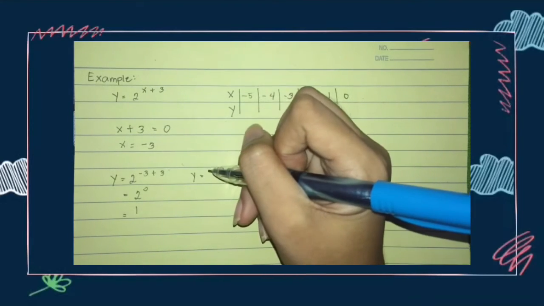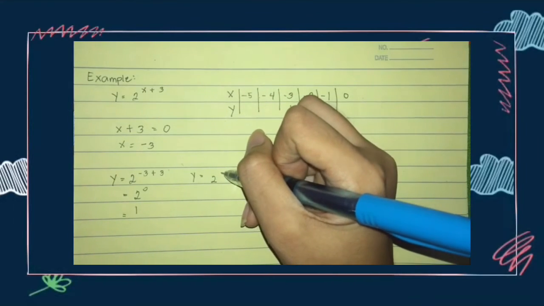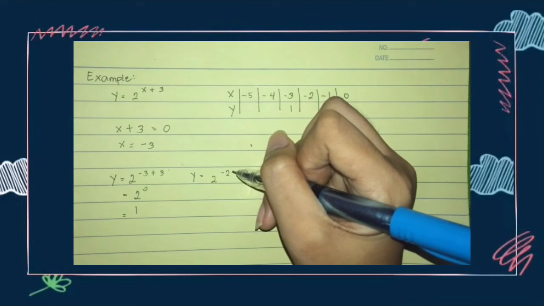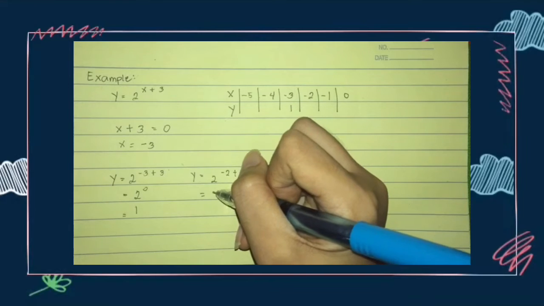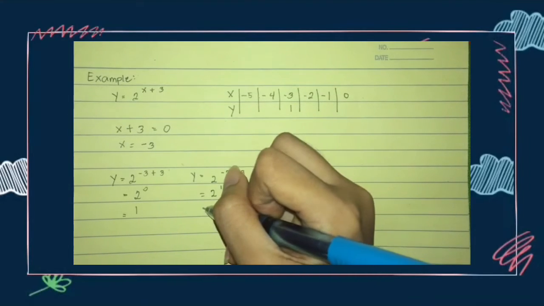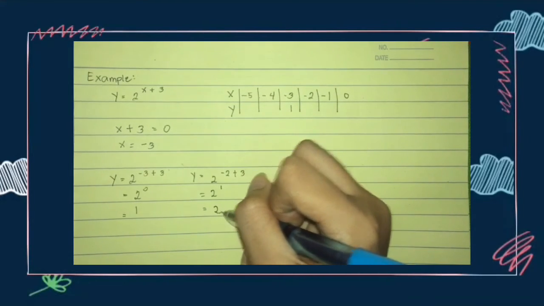And now, let us solve the next number. y is equal to 2 raised to negative 2 plus 3, which is equal to 2 raised to 1, which is equal to 2. And our other y is 2.